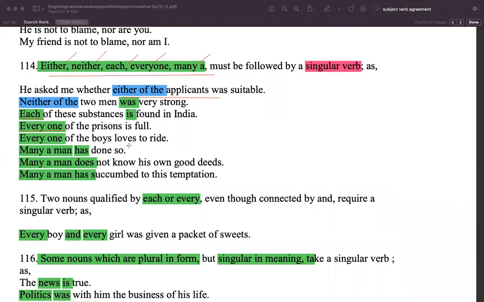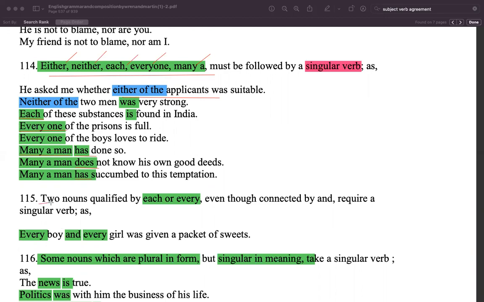Every one of the boys loves to write. Many a man has done so. Many a man does not know his own good deeds. So if the subject of the sentence is many a man, then the verb will also be singular in form. Okay. Coming to the next one.